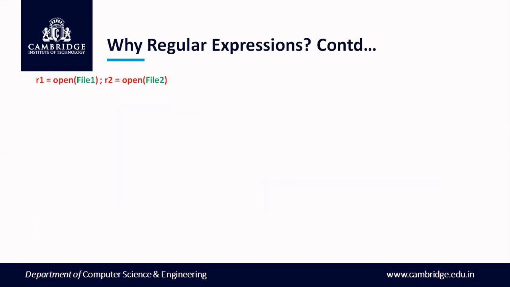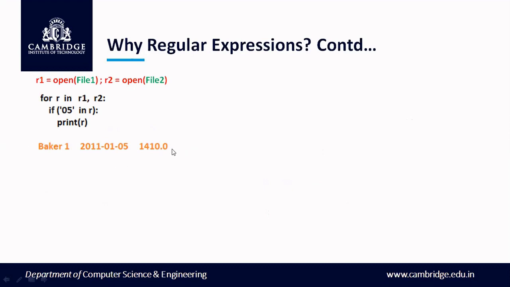Let us assume that we want to read file 1 and file 2. By using this, R1 is equal to open file 1 and R2 is equal to open file 2, and we'll be using a for loop. So if I write the code like this, with the string 05 and an if condition, what is the output I'll be getting? So I'll be getting this output.